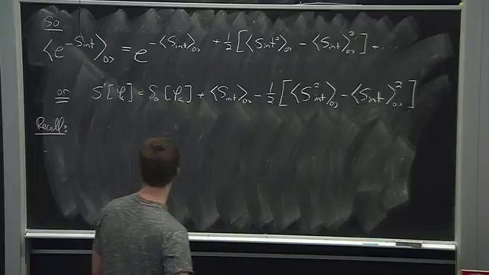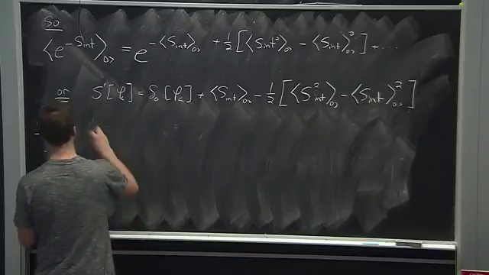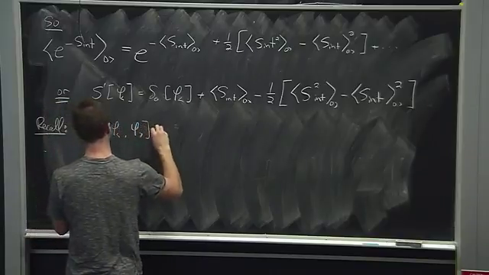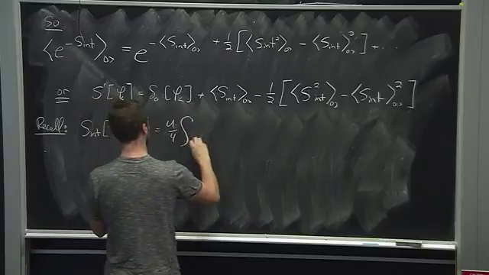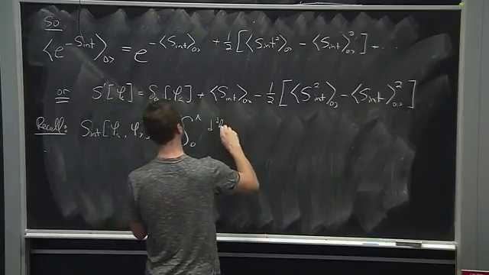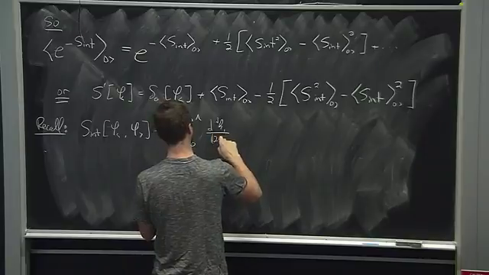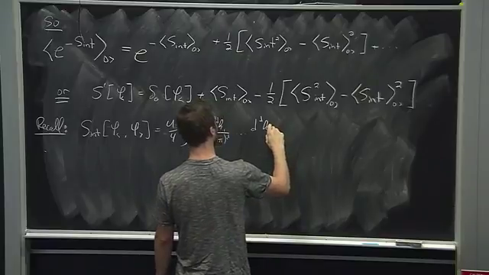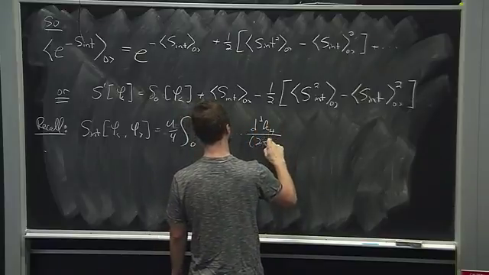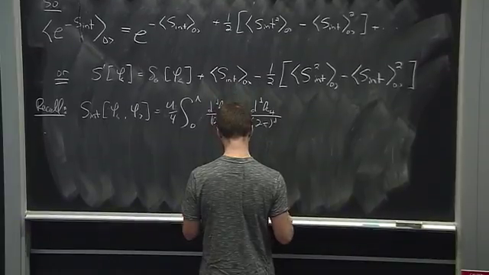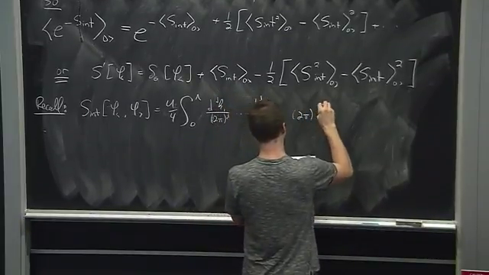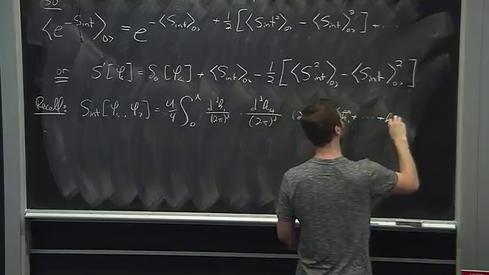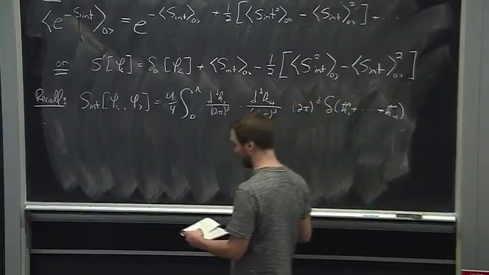So I haven't really been worrying about it too much, but there's 4 fields, 4 momenta. So write the delta function up front. I'm just doing a sloth because it's in your notes.